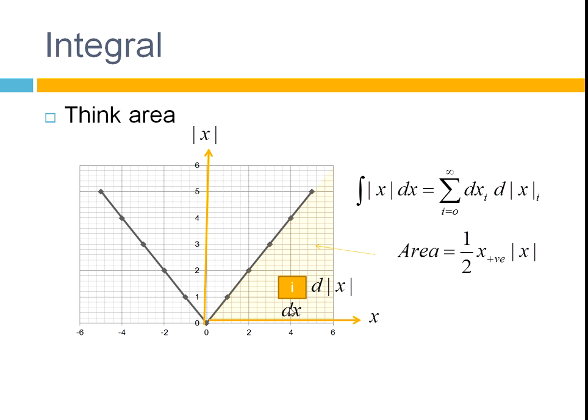And you'll notice this triangle only takes the positive values of x. We've got x positive here, and this is essentially your expression for the area of a triangle, half base times height. We've also got this triangle as well. That's a half all of the negative values times mod x, a half base times height.